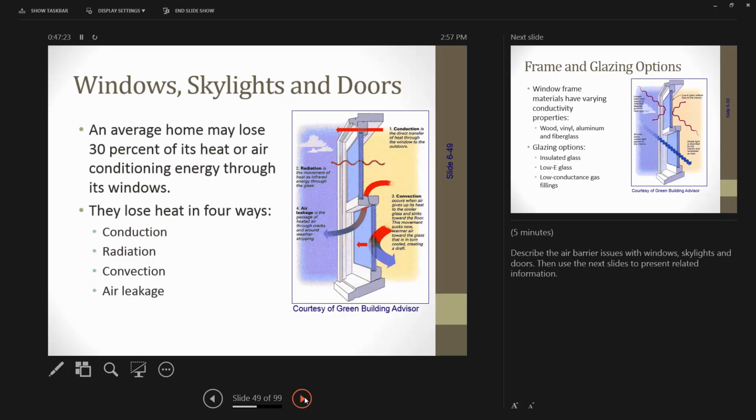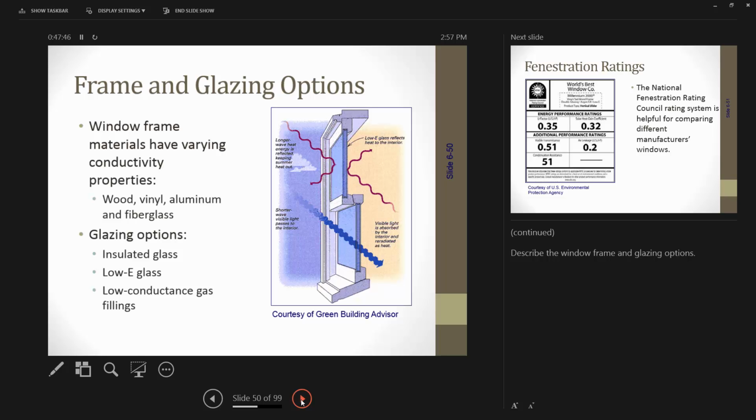If you put your hand right on the window, you'll feel that conductive heat loss. And if you stand back from it, you may be able to feel the radiant warmth coming through from the sun. Inversely, when the sun goes down, that window is radiating heat straight out. So the window and door selections that you make in your thermal envelope and how you install and seal them is pretty significant.